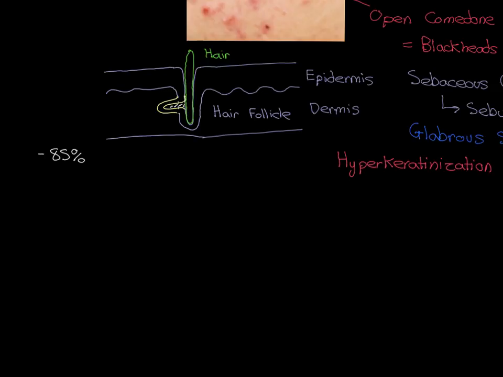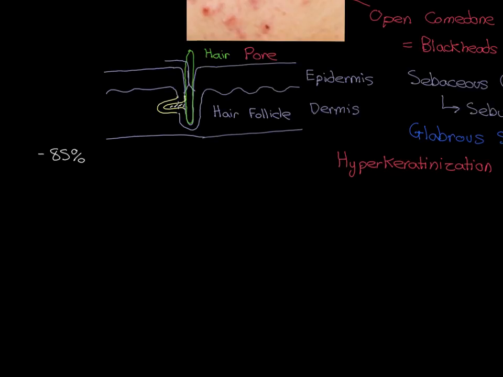So you're going to end up with a too thick epidermis, and that causes a problem at the entrance to the hair follicles, at the so-called pores, and I'm going to write that word down. It causes a problem at the pores, the entrances to the hair follicles, because imagine what happens if this and this become too thick. They overgrow and end up blocking the entrance to the hair follicle.